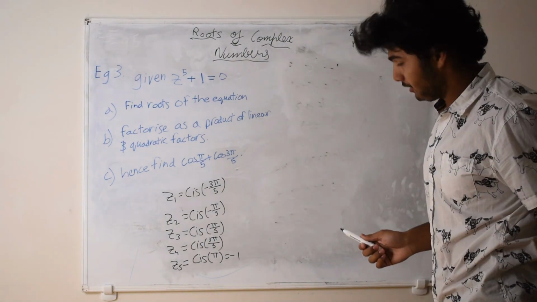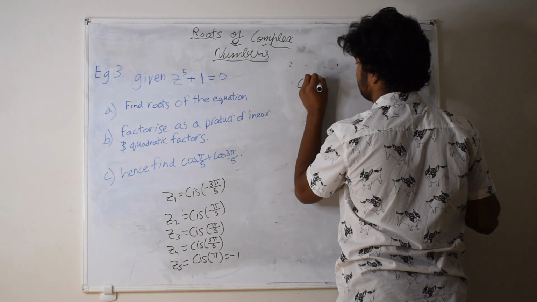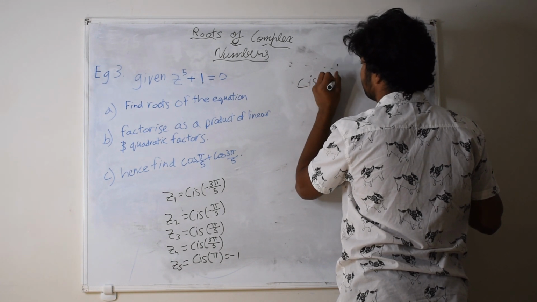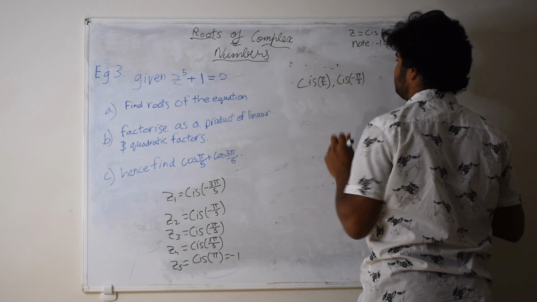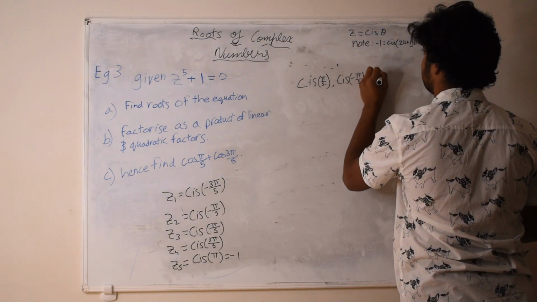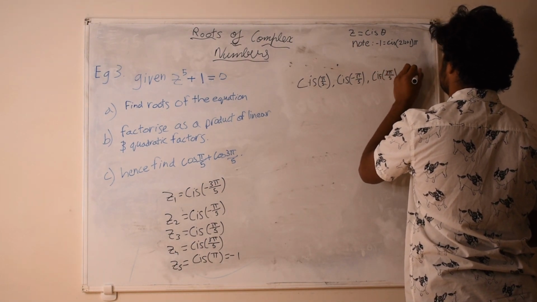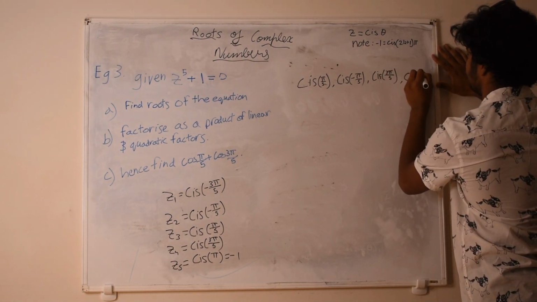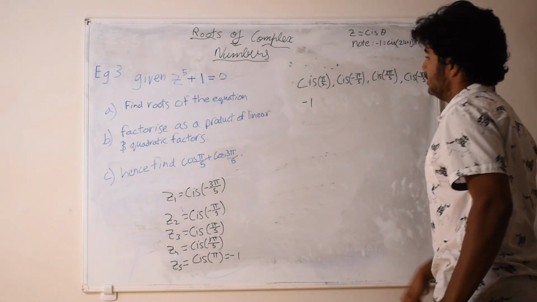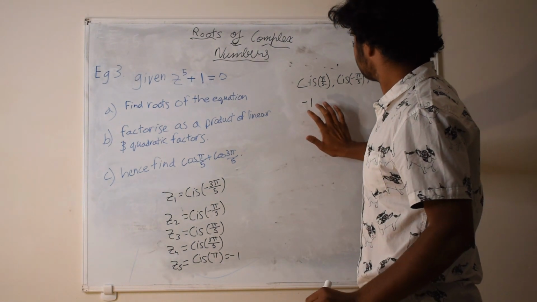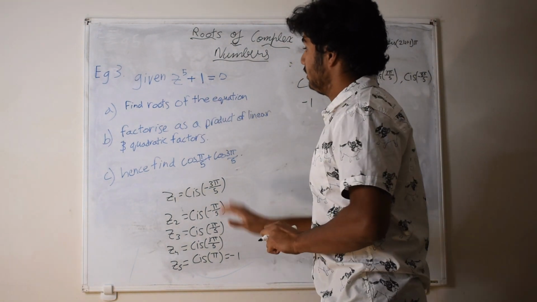So we've got, boom, we can go cis pi on 5, cis negative pi on 5, cis 3 pi on 5, cis minus 3 pi on 5, and then the last one is just negative 1. So these are your 5 solutions for A.